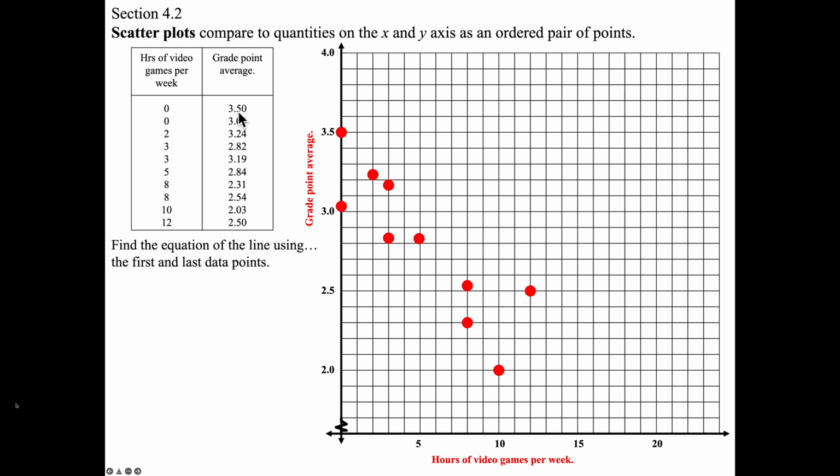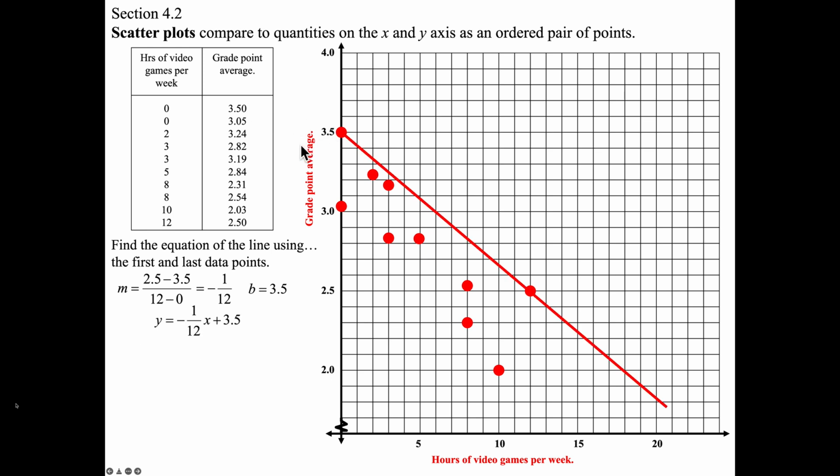If we found the slope using those points, 2.5 minus 3.5 over 12 minus 0, we have negative 1 over 12 for our slope. Using the first point, 0, 3.5, that would be the y-intercept.